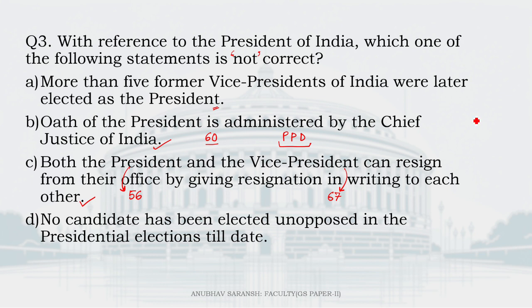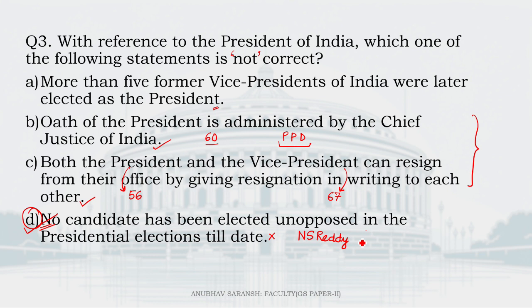So, we can eliminate these two, but ultimately you will have to know data and facts to find out the right answer. But yes, this seems to be an extreme statement, and this is actually incorrect also, making it the right answer. This has happened once in the 1970s.